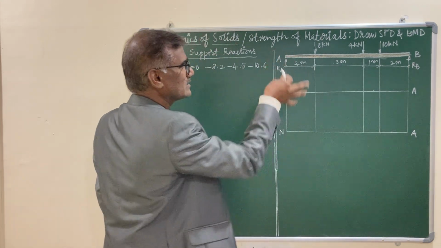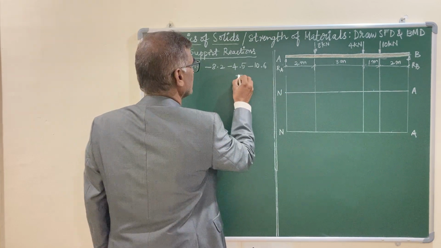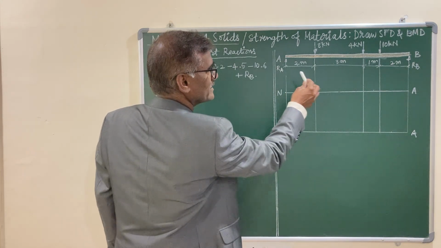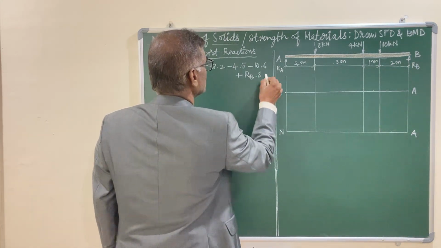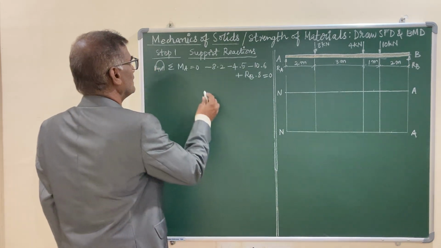These are the clockwise moments, and RB, the other end support reaction, contributes anti-clockwise, that is plus RB into the length of the beam, 8 meters, equals 0.